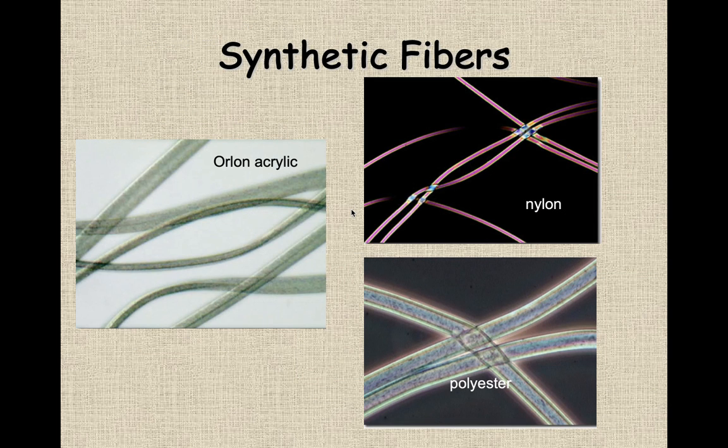We talked about the polarizing microscope and the fluorescent microscope, where you can pass different types of light. So this picture of nylon and polyester shows other types of light being passed through the fibers, and it gives it those really unique colors.